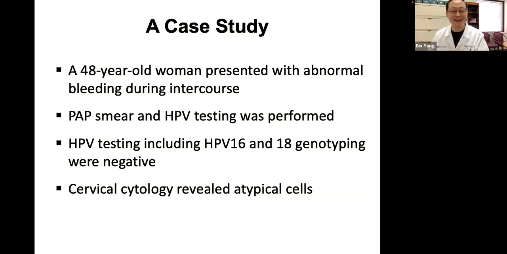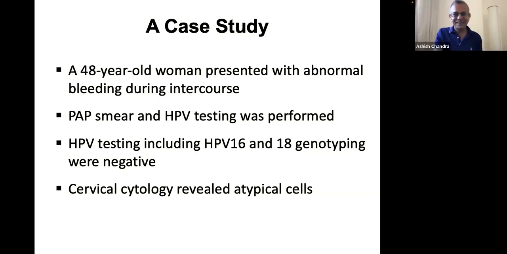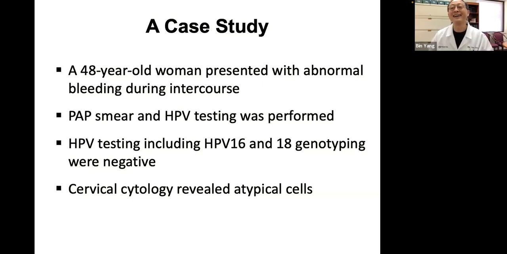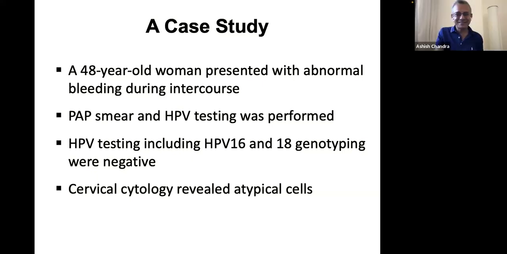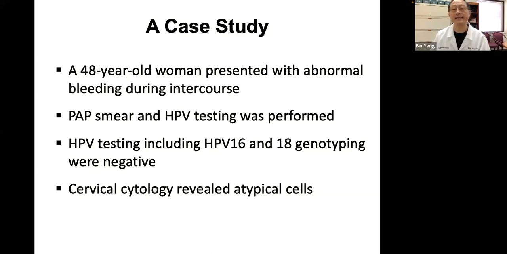Before this classification, for maybe a 5-year period, we used "LSIL, cannot rule out HSIL," and there are fewer than 100 publications regarding that. I think a lot of cytopathologists like it, but clinicians hate it. Absolutely true. Unfortunately, that category is not in our diagnosis anymore.